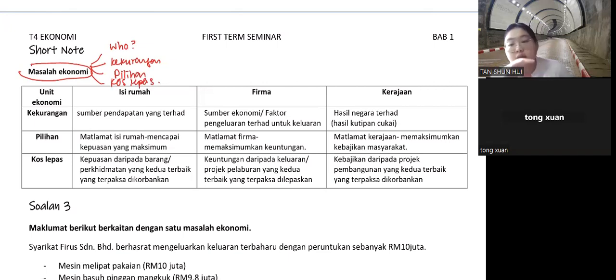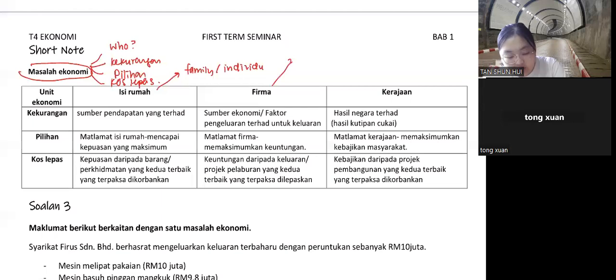Now, in economy, we split all the people into 3 groups. Isi rumah. Isi rumah is normally a family or individual or a random group of people. We call it isi rumah.